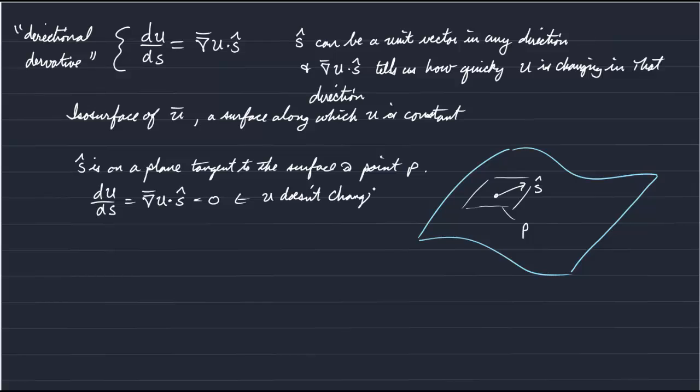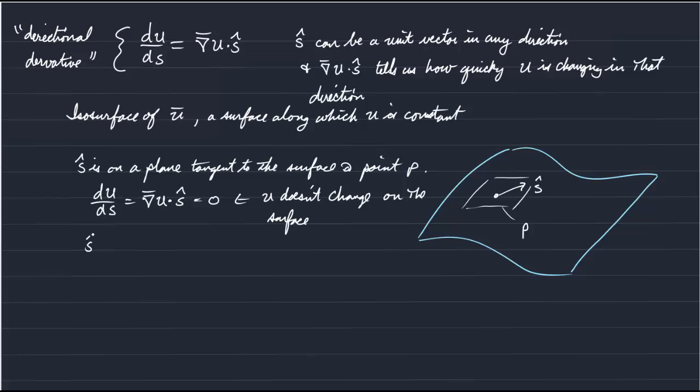Because by definition, u doesn't change on the surface. And remember, we're evaluating how quickly u changes moving an infinitesimal distance parallel to the surface. And with that, u certainly doesn't change no matter which direction you point on that surface.